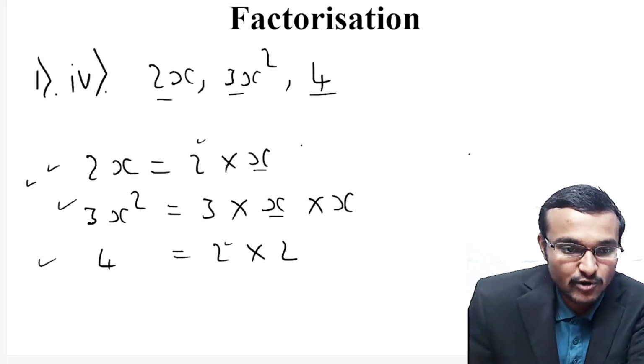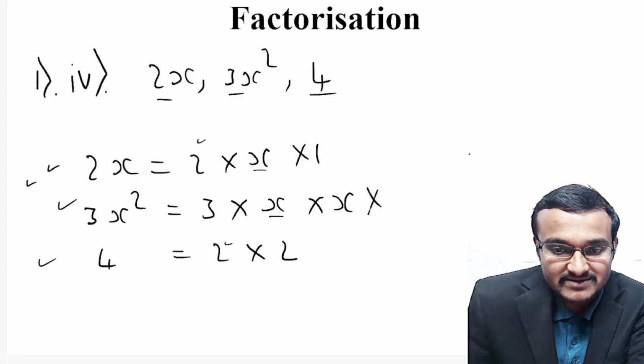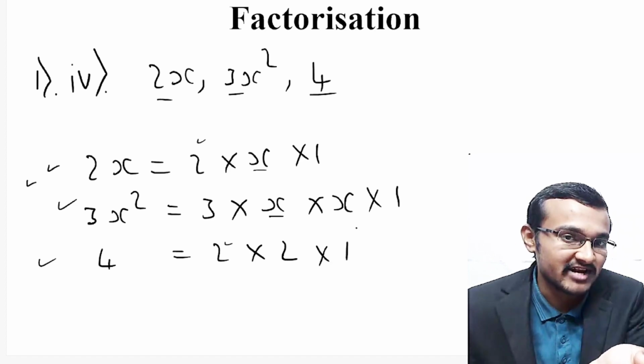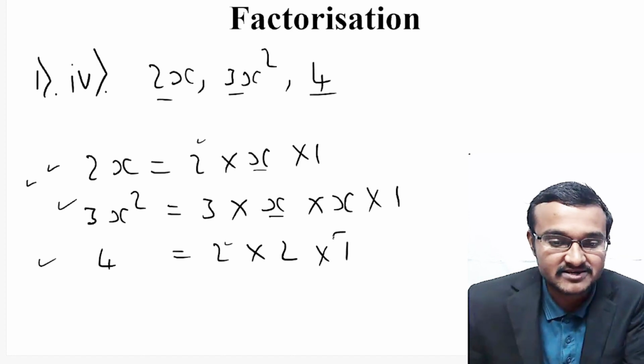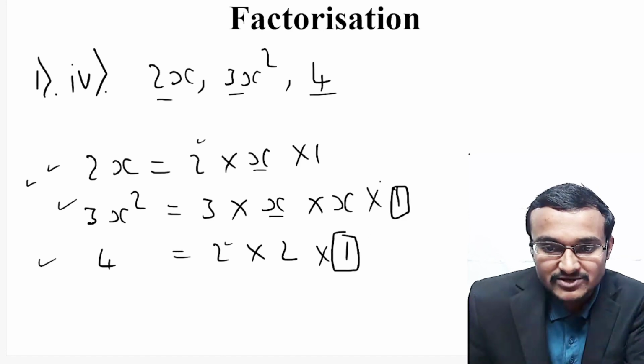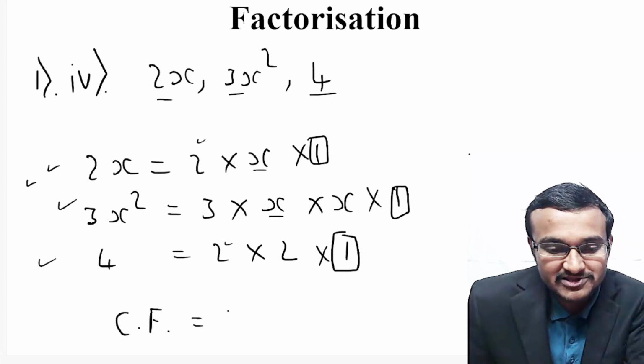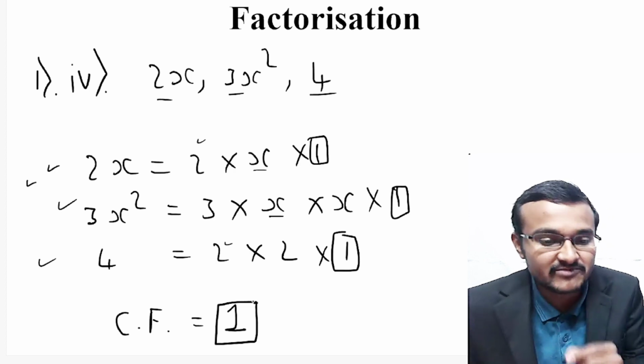So by default, this will be multiplied with 1, this will be multiplied with 1, this will be multiplied with 1, because anything multiplied with 1 will give the same result. So here 1 is there, here also 1 you can take, here also 1 you can take. So 1 acts as the common factor of all these 3 terms. So common factor for this fourth question in the first question will be 1.